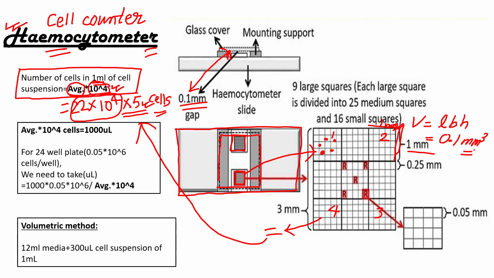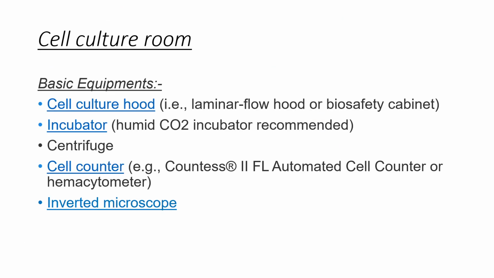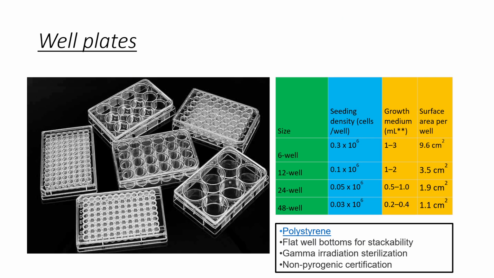So this is the easiest way, and we use it while we do cell culture, because while plating we have to find the number of cells, since there is a seeding density. I'm taking you to that slide. As you can see here, in a 6-well plate you seed only 0.3 million cells.